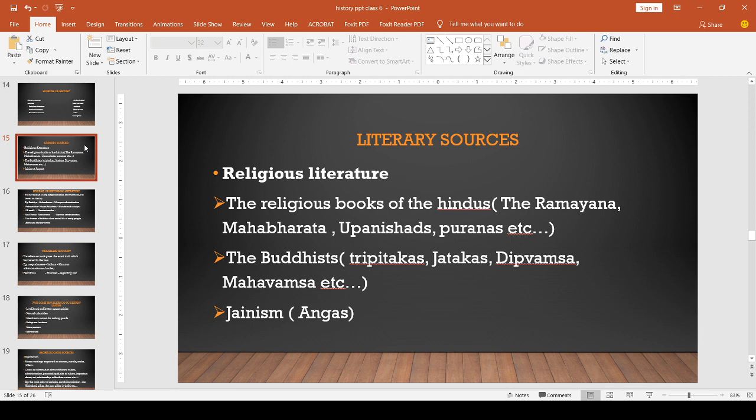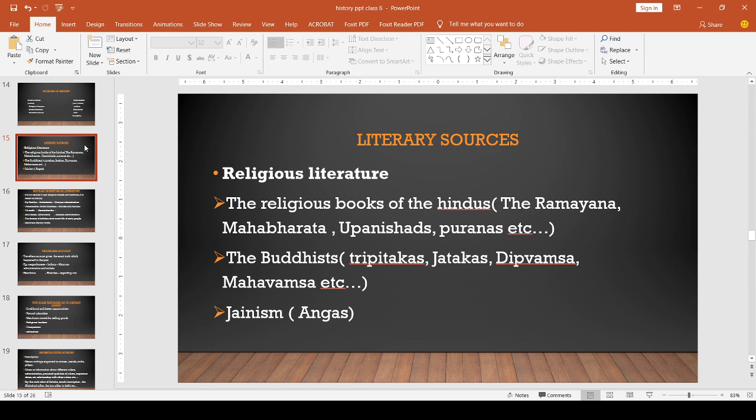So through the Vedas we can get a lot of information about the life and culture of these ancient people. The Ramayana and Mahabharata, the two great epics of Hindus, also provide information about the social and political life of the Aryans or the ancient people.